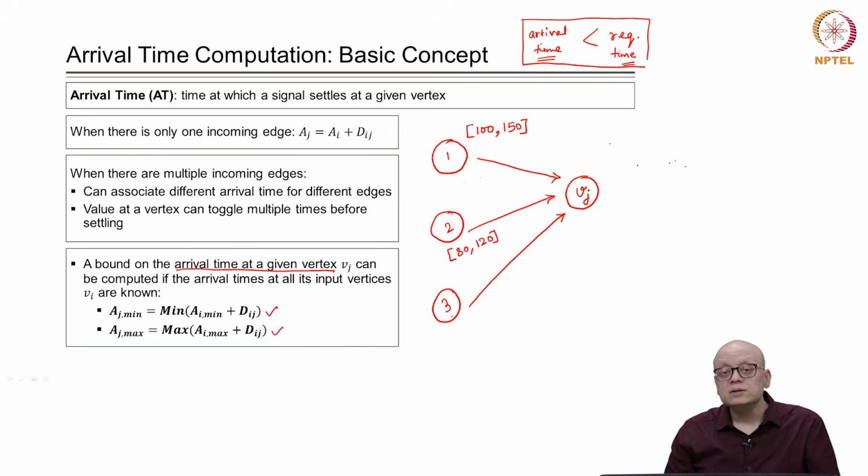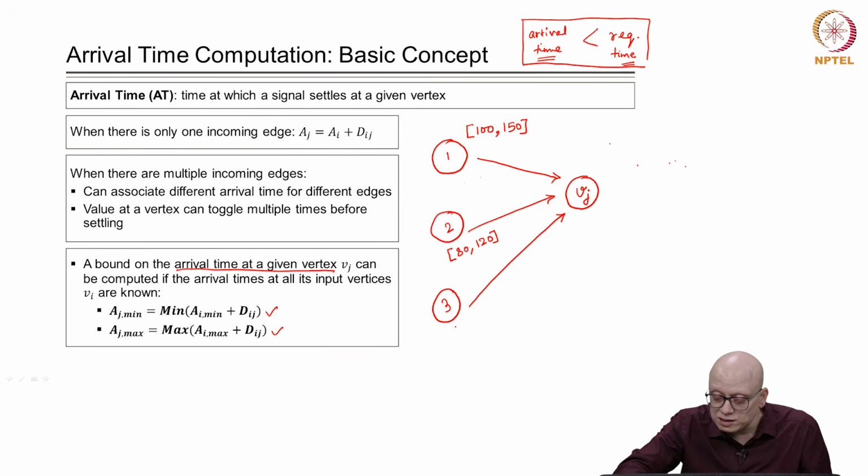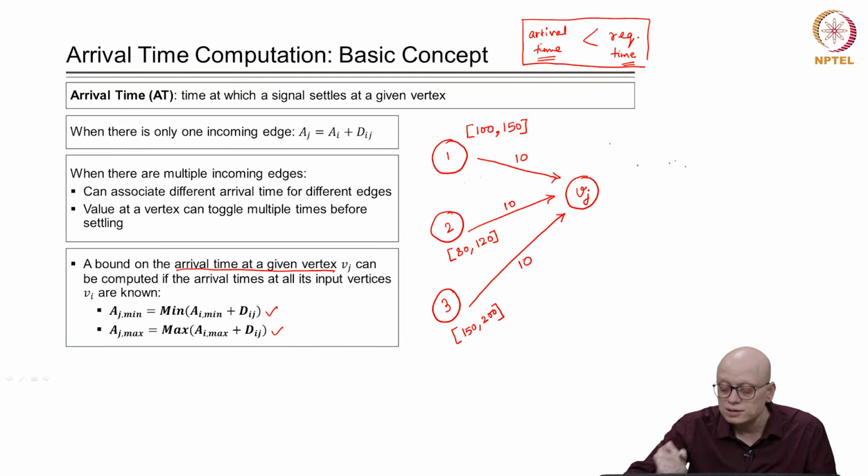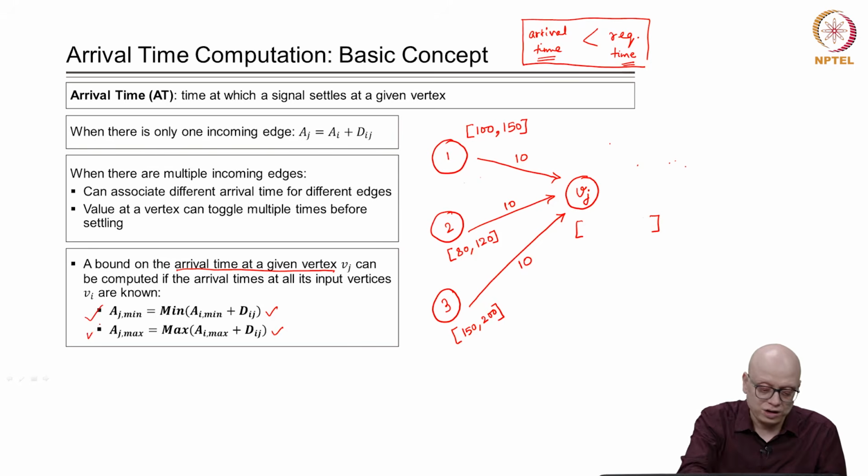For the third vertex, let us assume that the minimum arrival time is 150 and the maximum is 200. Now, for simplicity, let us assume that the delay of each of the edges is 10 time units. Given this, we can compute the bound on the arrival time at Vj with the help of these two equations.